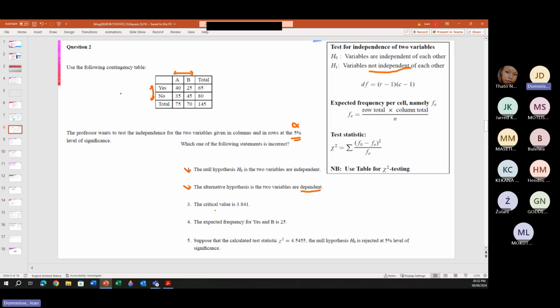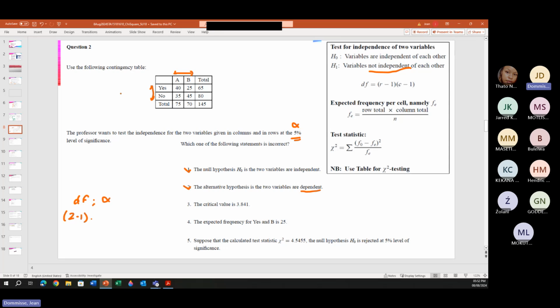Okay, critical value. If we want to work out the critical value, we basically look at the degrees of freedom, and we look at the alpha to get that. So degrees of freedom is rows minus 1. Yes, no means 2 minus 1.